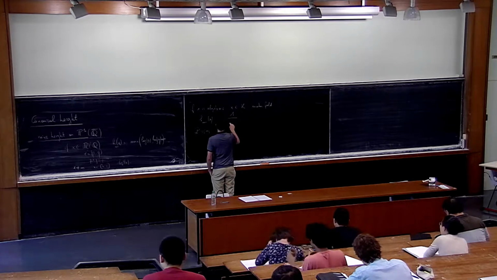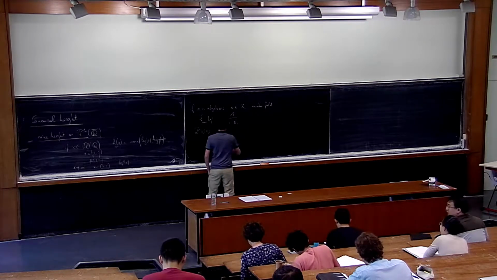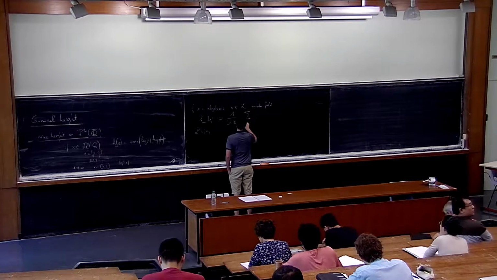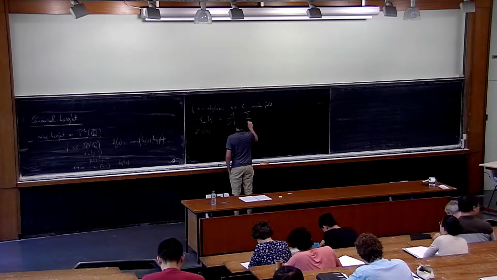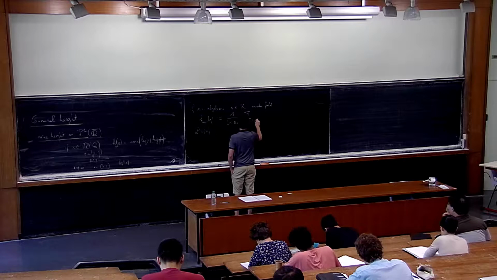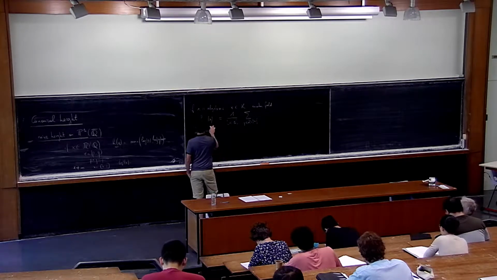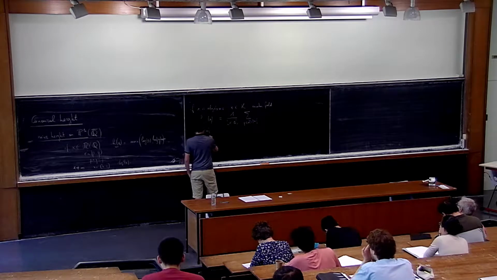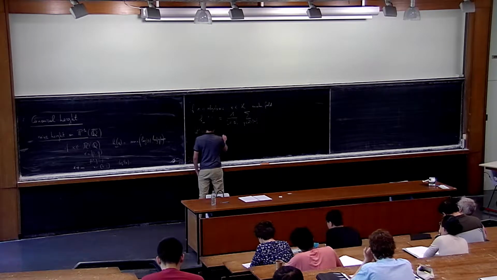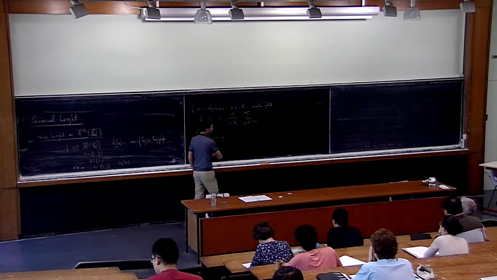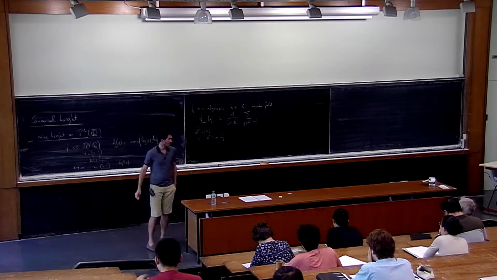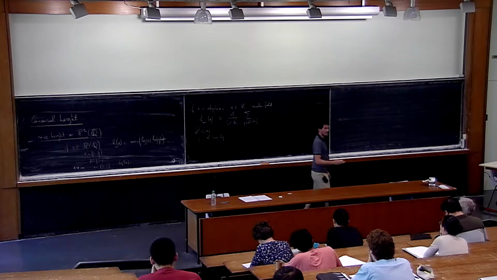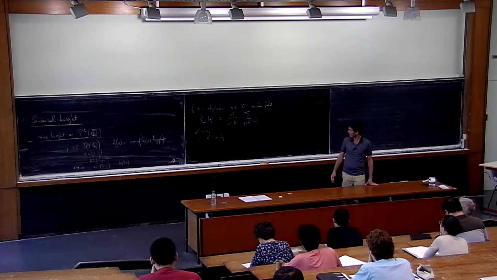It's 1 over the degree of the extension times the sum over all places. So for each place p, maybe p is infinite, you have a way of embedding K into C_p. For p equals infinity, it's the classical complex plane. For p a prime number, it's C_p in the sense you know it.